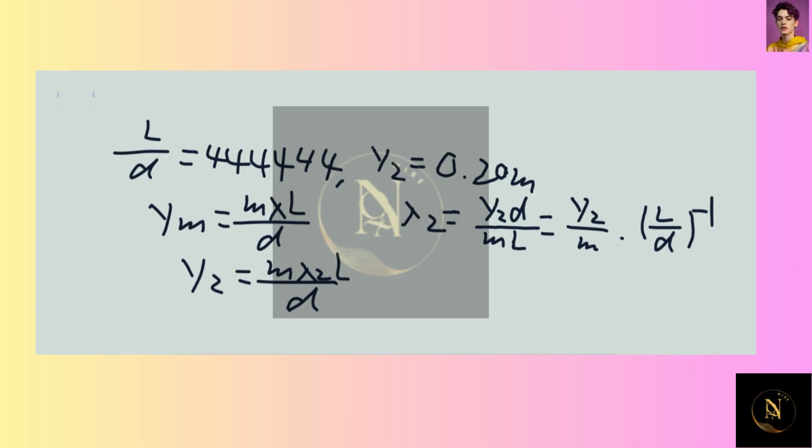So this gives us y2 is 0.20 meter, m is 1, and the reciprocal of L over d, just the reciprocal of such digits.